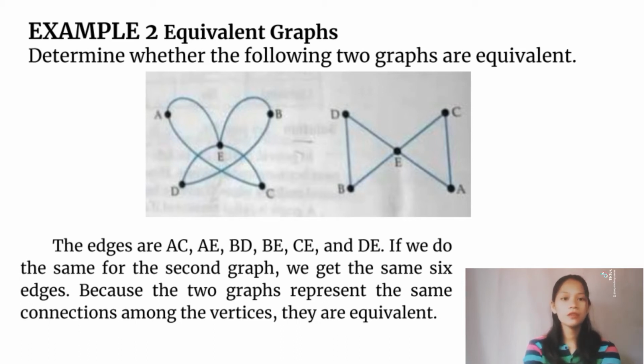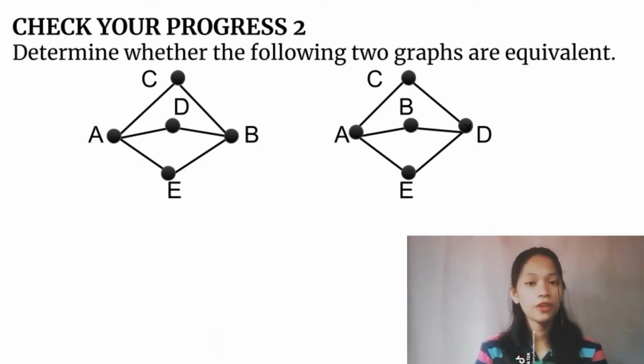We can list them by indicating which 2 vertices they connect. The edges are AC, AE, BD, BE, CE, and DE. If we do the same for the second graph, we get the same 6 edges because the 2 graphs represent the same connections among the vertices. They are equivalent.